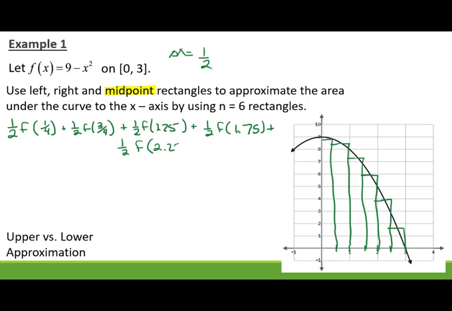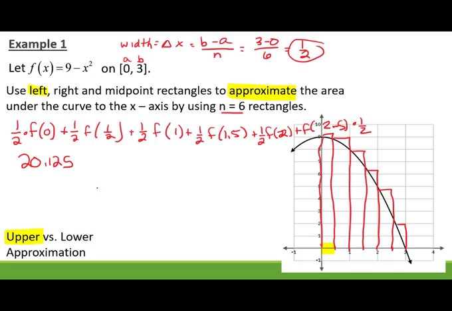And so now calculating this in my calculator, 18.0625. And notice how that was in between my two other values. And I shouldn't have this lower versus upper approximation sitting here, okay?